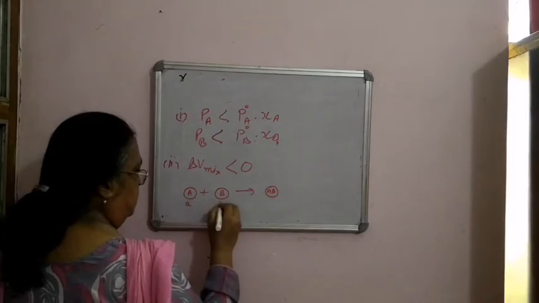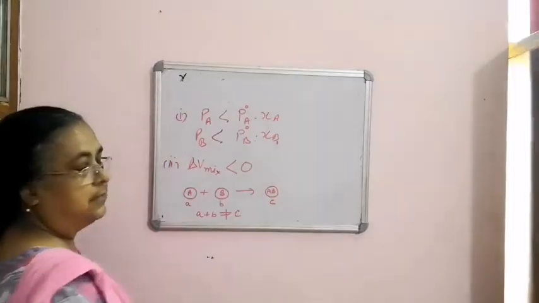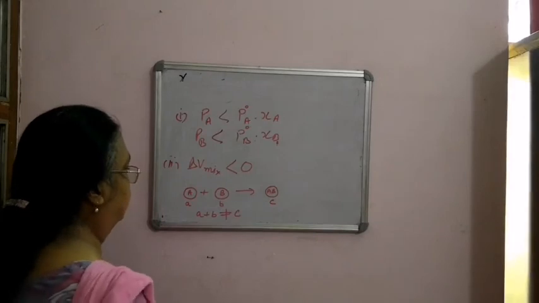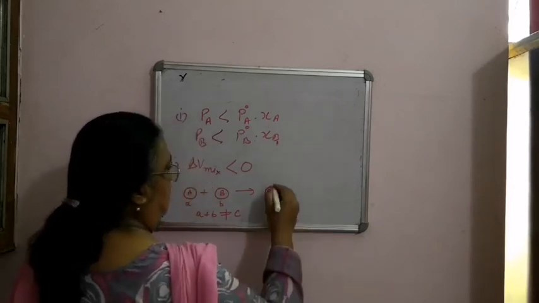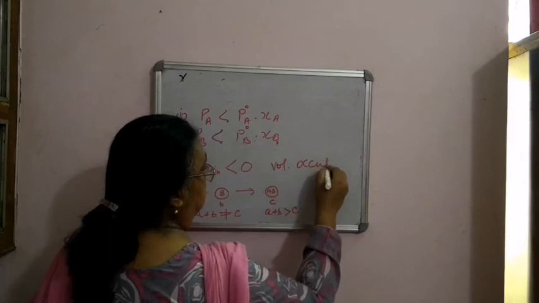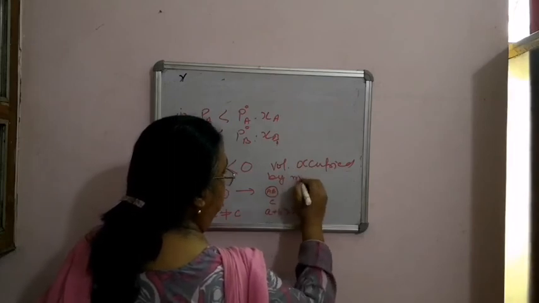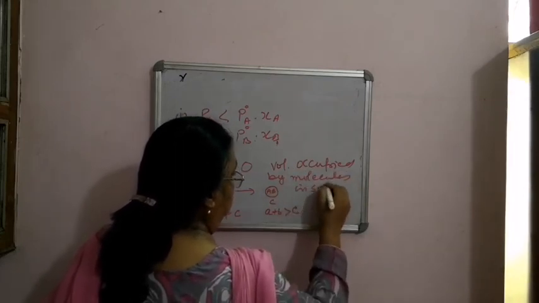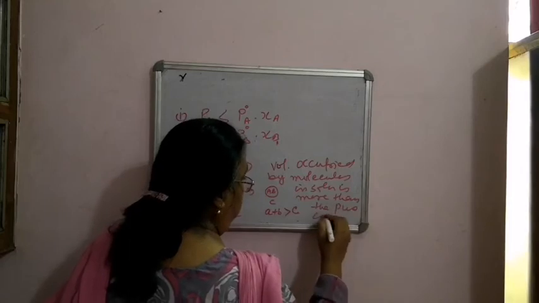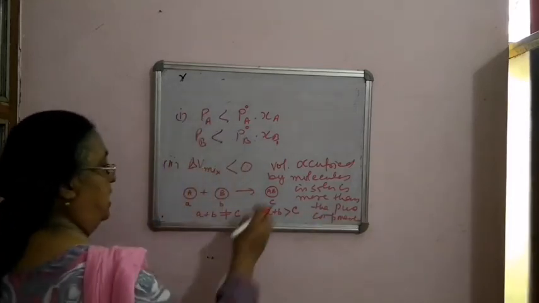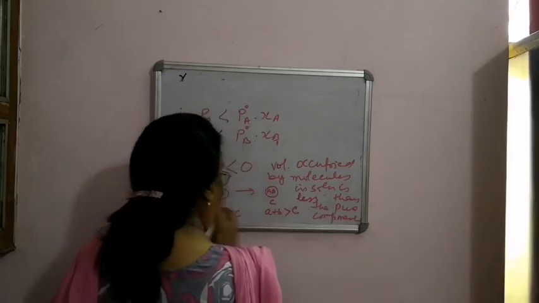If the volume of this is A, this is B, and this is C, then A plus B is not equal to C. Not only that, but A plus B is greater than C. What is it? The volume occupied by molecules in solution is less than in the pure components.